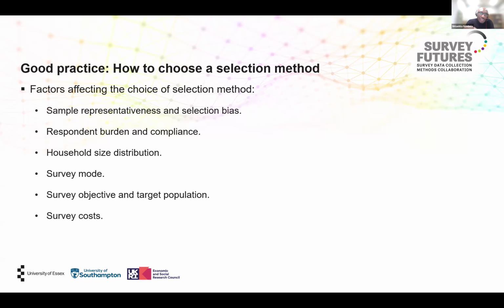I will address all these individually in the next few slides, but just in summary, you have to think about the sample representativeness and selection bias for your survey, respondent burden and compliance, and the household distribution, which does affect choices that people make when selecting the method. Plus also look at the survey mode that you're going to use for your data collection, consider the objective of the survey and your target population, plus also costs, because they play a huge part in terms of decisions that you have to make.